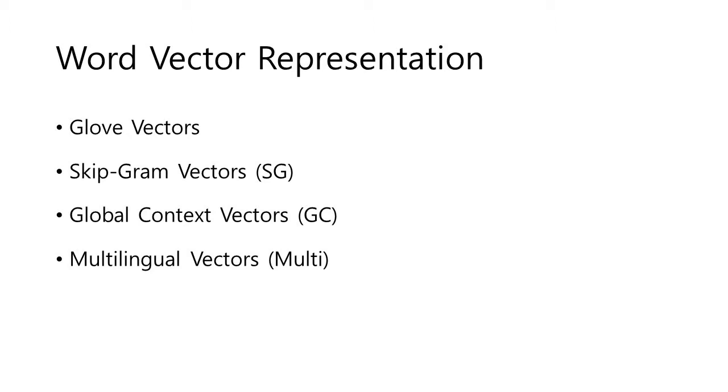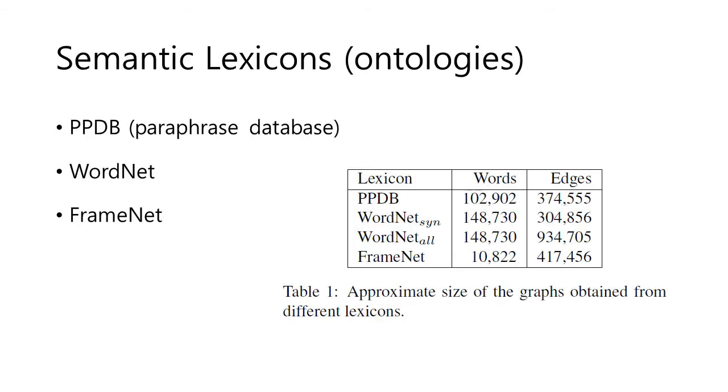These are the word vector representations that will be used in experiments: GloVe vectors, skip-gram vectors, global context vectors, and multilingual vectors. These are the semantic lexicons that will be used in the experiments: PPDB, WordNet and FrameNet.